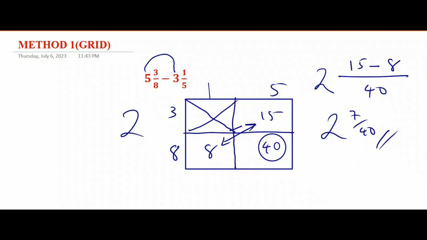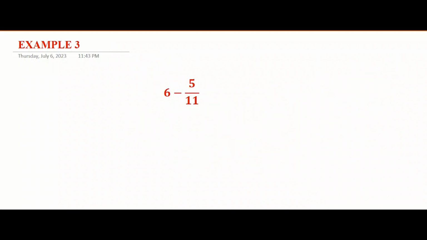Let's look into the last example, that is example 3. Here, we want to subtract 5 out of 11 from 6. So we can use any of the 4 methods and you get your answer. But there's another shortcut you could use. But before then, let me quickly explain something to you.